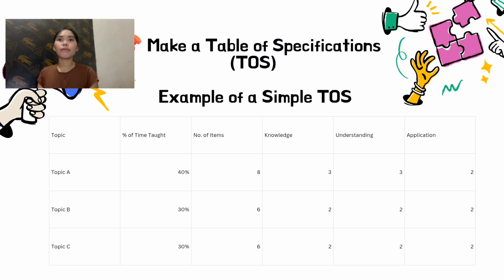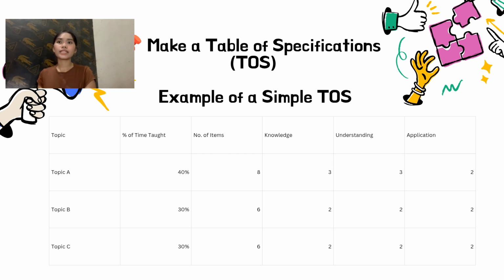For the second table naman, meron tayong make a table of specification, which is the TOS. Meron ditong table ng example of TOS. Ayan. A TOS ensures that the test matches what was taught.